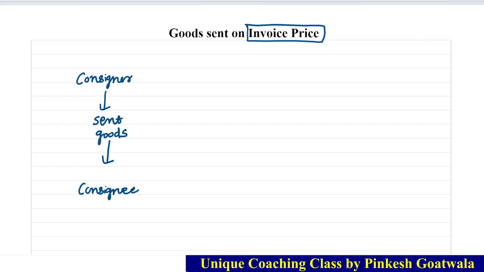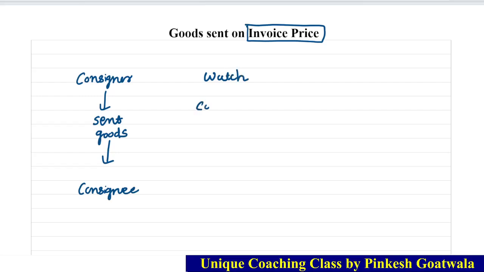Consignor કોઈ પણ દિવસ consignee ને એની right જે cost છે એના વિશે જણાવશે જ નહીં. For example, suppose the consignor sends goods to the consignee. Let's take a watch.